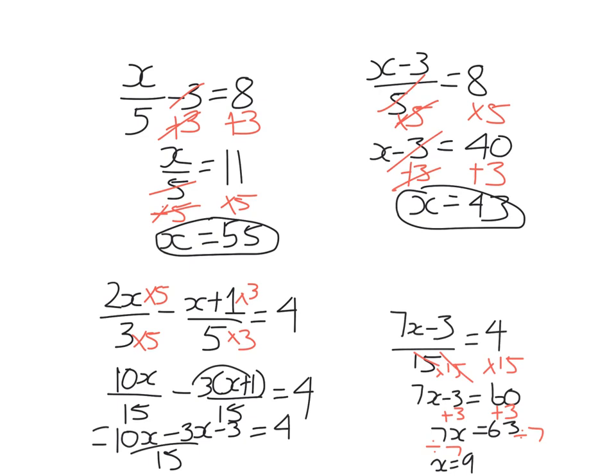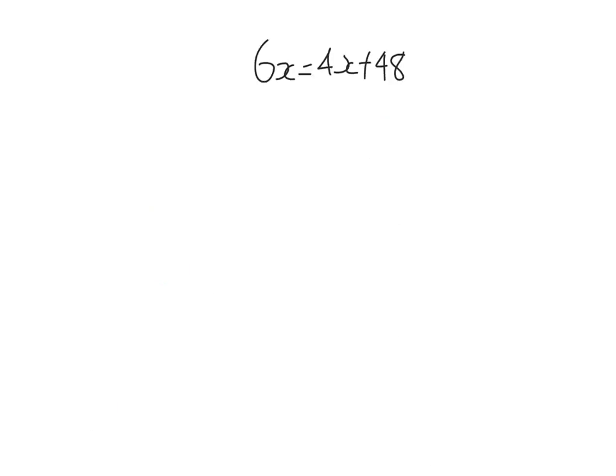So now let's quickly go through what we would do if the pronumerals are on both sides of the equation. So let's look at this equation here, 6x equals 4x plus 48. The x, the pronumeral, is on both sides of the equal sign. When that happens, what you need to do is subtract the pronumeral with the lowest number in front of it. I'm going to subtract 4x from both sides. 4x minus 4x, they cancel out.